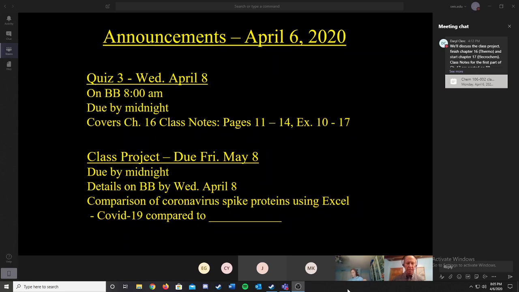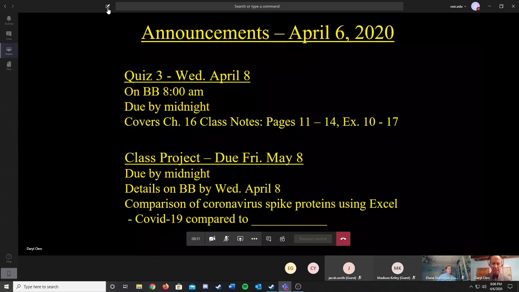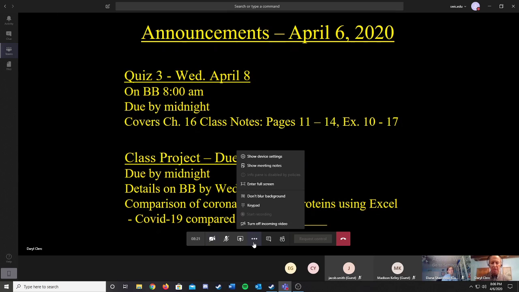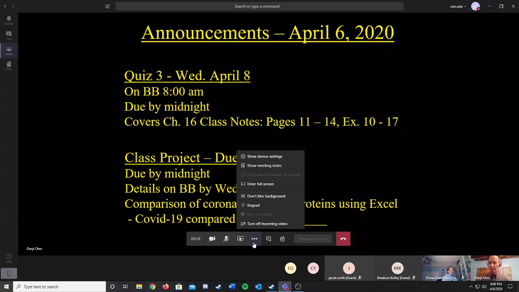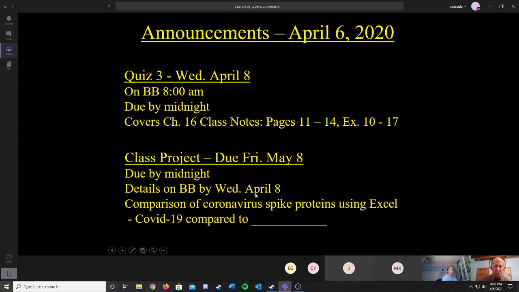Basically it involves using Excel to compare the COVID-19 spike proteins to other spike proteins, like the coronavirus and influenzas have what's called a spike protein, and that spike protein is what enables it to get inside a cell and inject its DNA. So we'll go over that pretty much tonight. I'll show you the details.